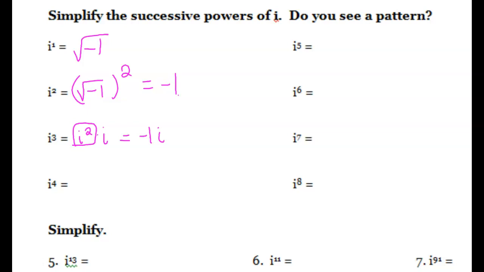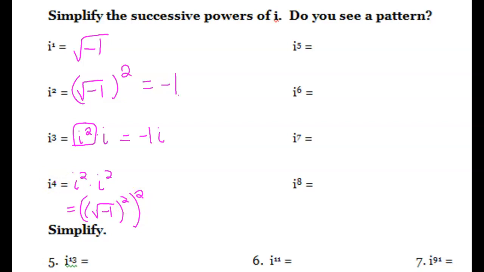i to the 4th could be done 2 ways. You could think of i to the 4th as i squared times i squared. You could also think of it as the square root of negative 1 squared, since a power to a power multiplies to give you that 4th.